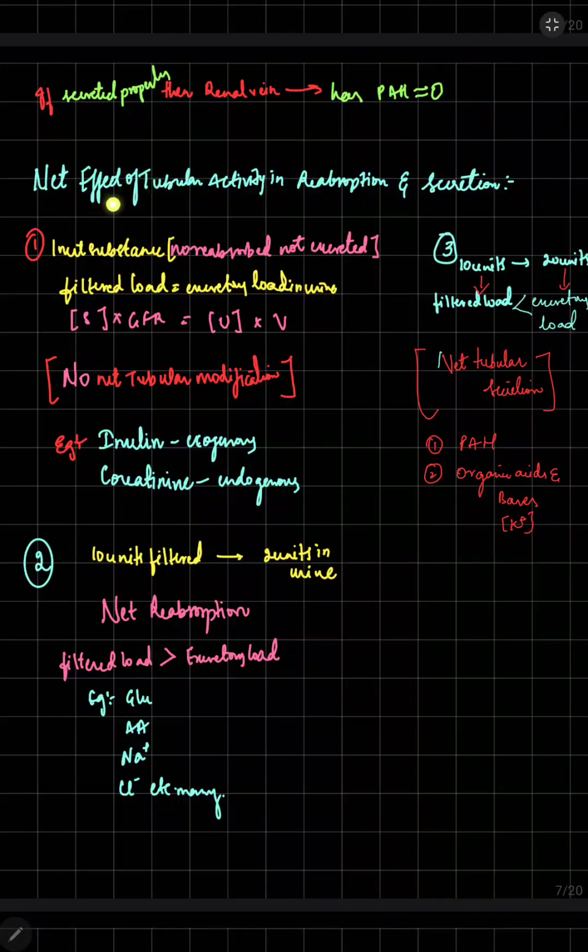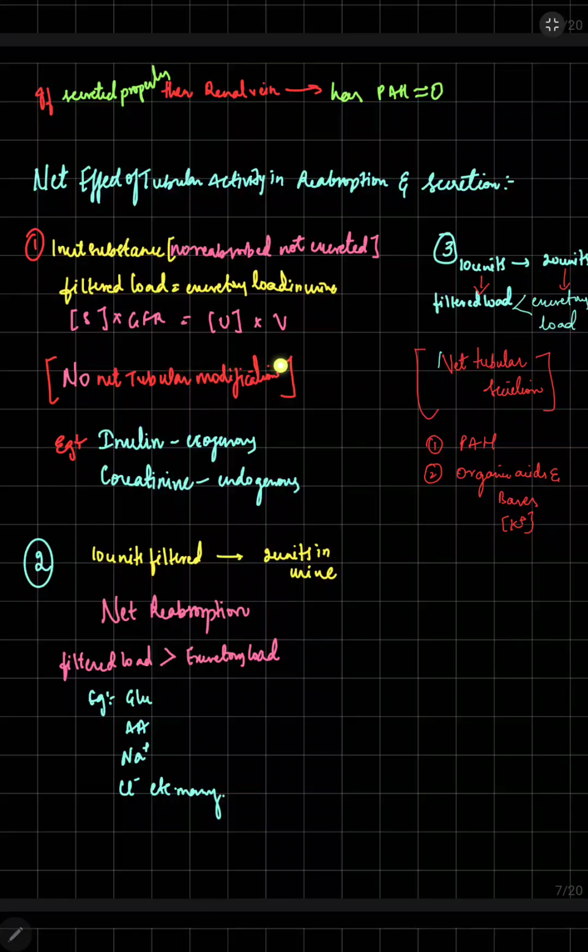So there can be three effects of tubular activity in case of reabsorption and secretion. If there is some inert substance which is not reabsorbed, not secreted, then filtered load is equal to excretory load in urine, which is written as filtered load equal to plasma concentration times GFR, which is equal to excreted load in urine, which is urine concentration of that substance times volume of urine excreted per minute.